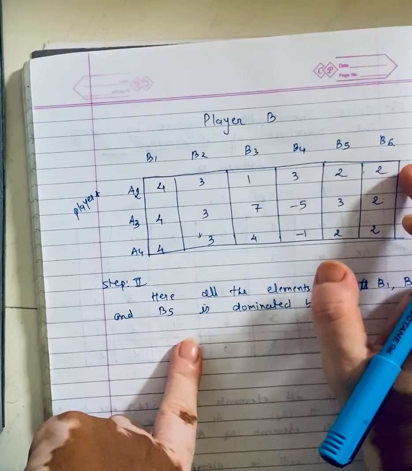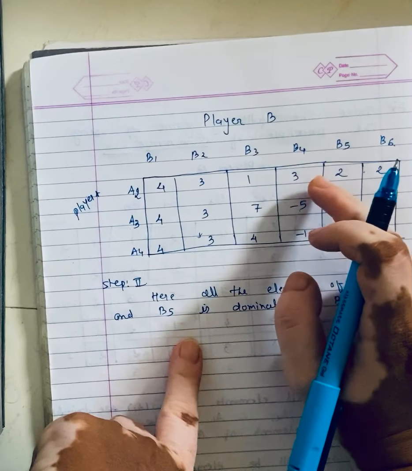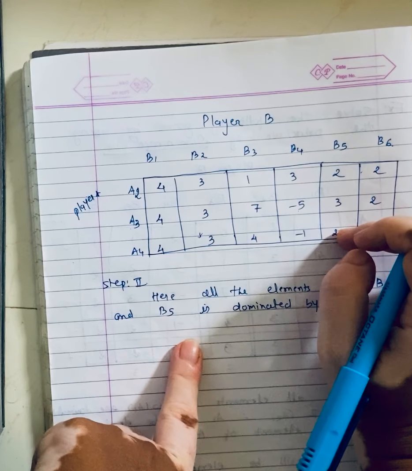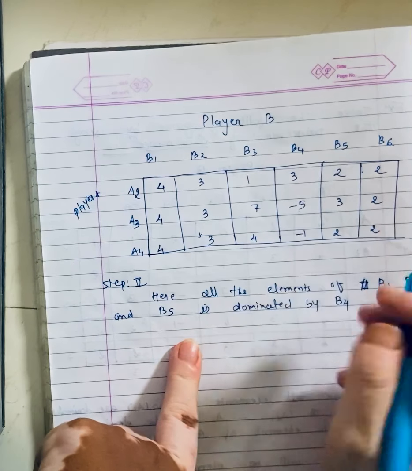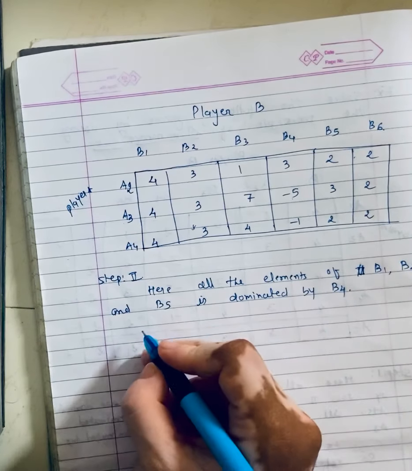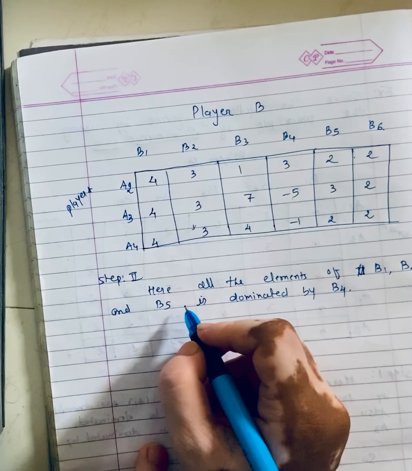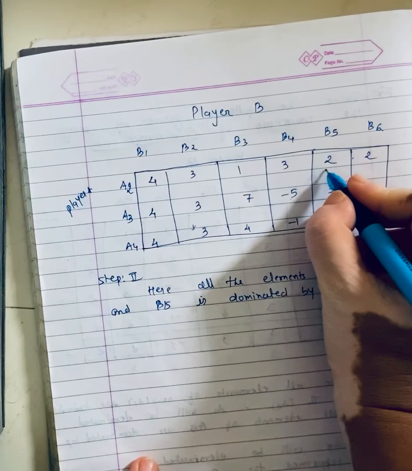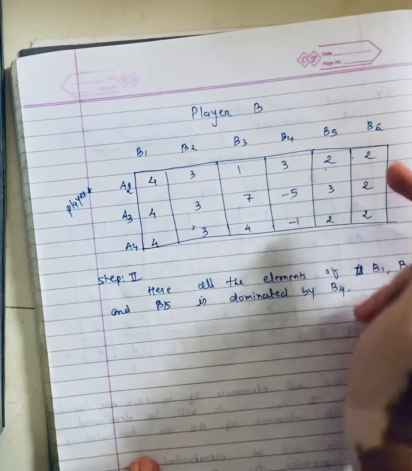Similarly we check B5. B5 will not be eliminated, because here it is 2, which is less than B4.